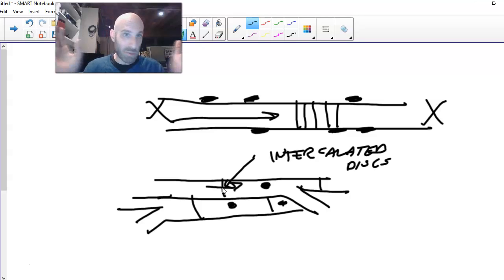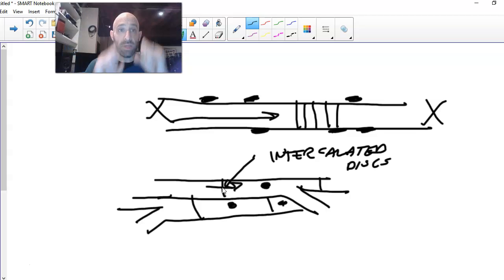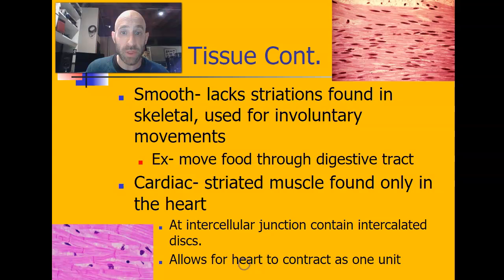It's not going to happen. Some people are going to be early, some people are going to be late. But somehow our heart is able to maintain a steady beat, 60, 80 times a minute, every minute of your life, right? And the reason why it's able to do that is because of these little intercalated discs. What it does is it allows one muscle fiber to trigger the next muscle fiber, so the entire heart can beat as one unit. So let's go into that with a little more detail.